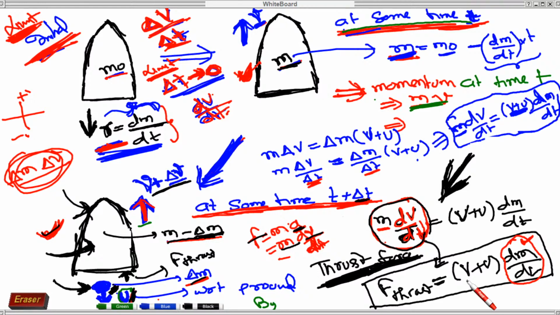The rocket is moving with velocity v at some point of time, and the fuel comes out with velocity u.